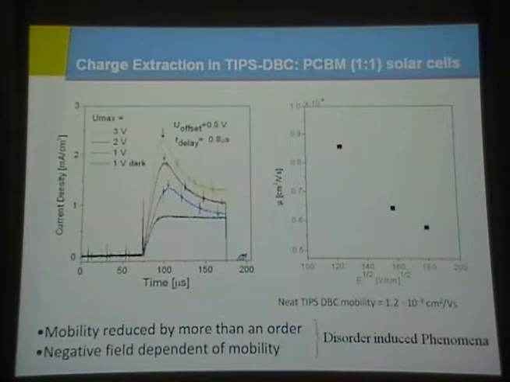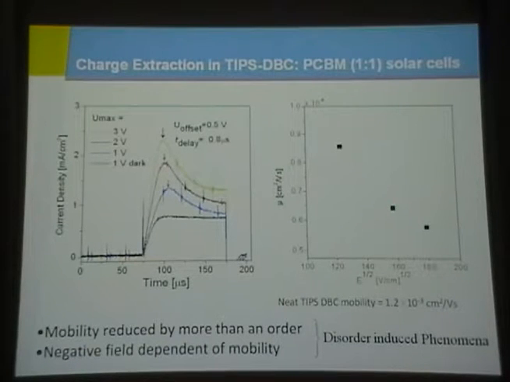This is the typical photo-CELIV transient of current density as a function of time. This is under the dark conditions, and one measures under light. This is the extraction maximum around here, and as you gradually increase the electric field, the peak maximum shifts to shorter time scales.